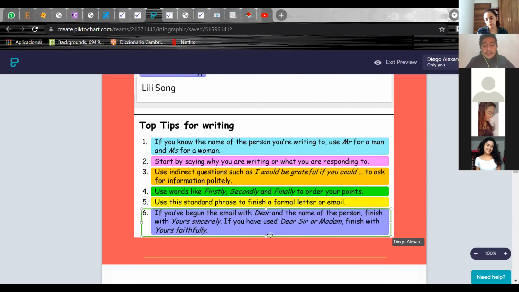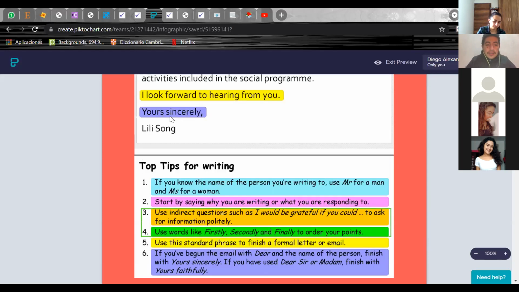So it says that if we started our email writing this word dear and the name of the person, we need to finish using this phrase, yours sincerely. And if we start using the words dear sir or madam, we need to finish this email with the phrase yours faithfully. So those are phrases that we can use also as a final greeting in this case.